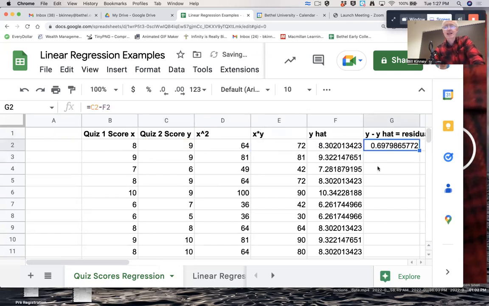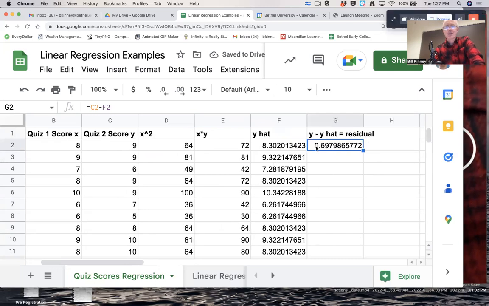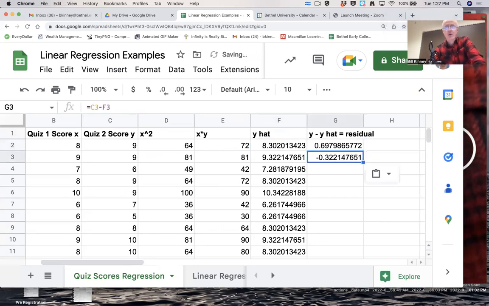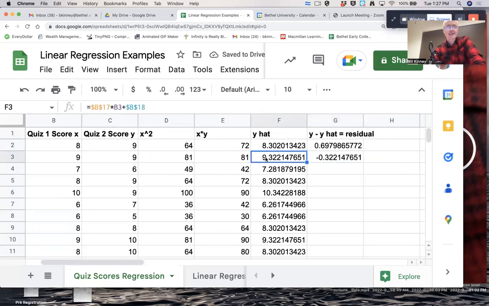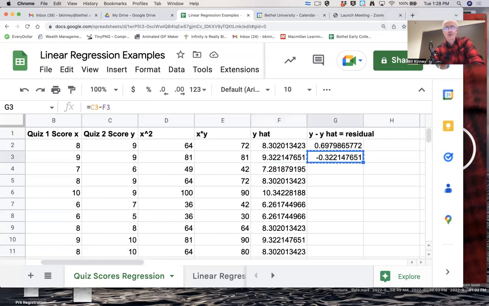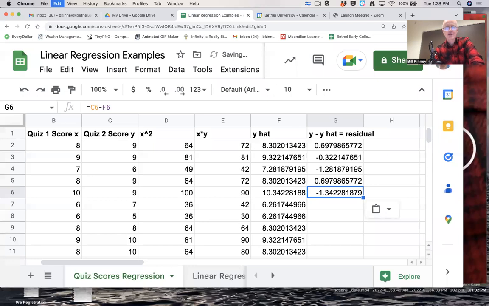So this 0.697986 is 9 minus 8.3. The next one is going to be 9 minus 9.3, negative 0.3. These are the residuals. Sometimes negative, sometimes positive.